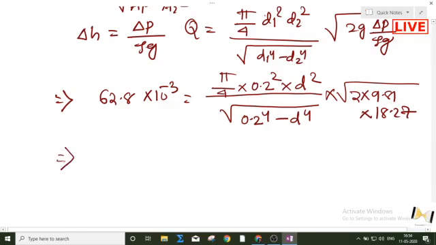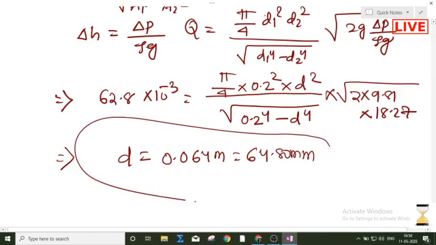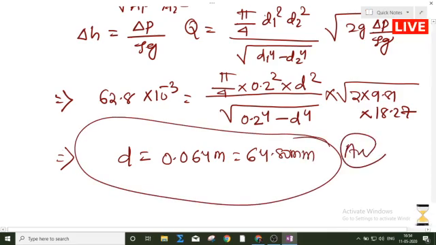Now if you solve this equation, the diameter comes out to be 0.064 meter, or 64.80 millimeter. This is the answer for this question.